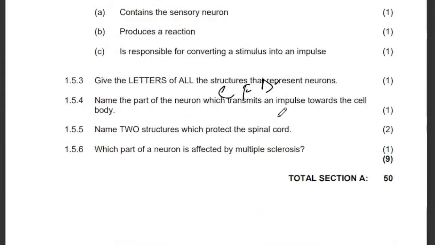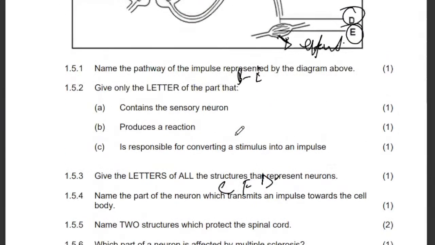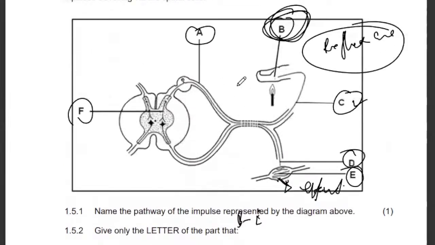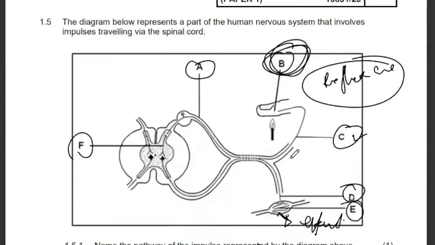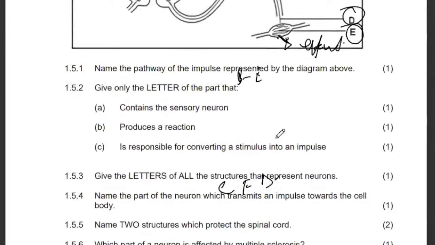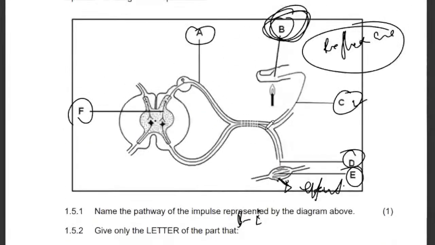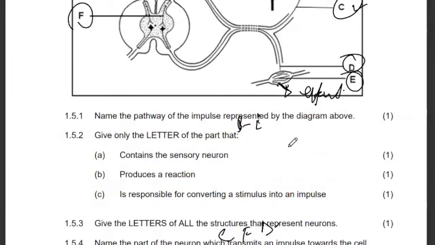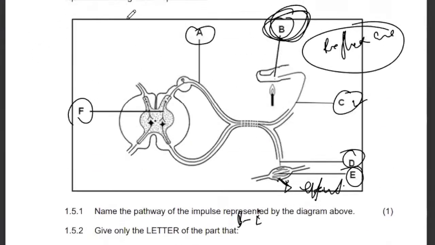So this question is not really connected to the diagram, so it will depend on the final memorandum. It's not really connected to the letters here. But if using the letters, definitely C is going to be the answer. Why? Because C connects to the cell body, which is here at the ganglion.